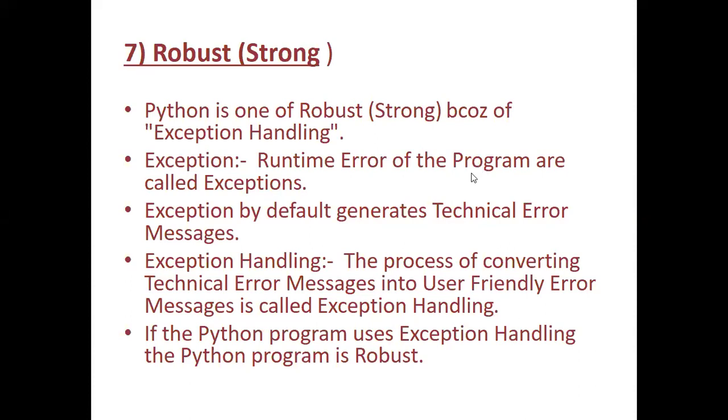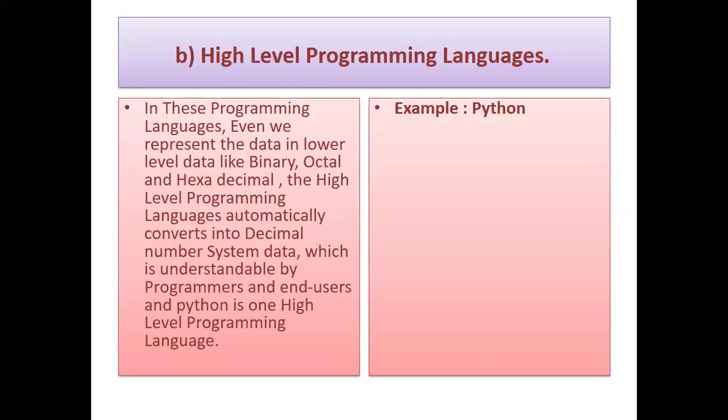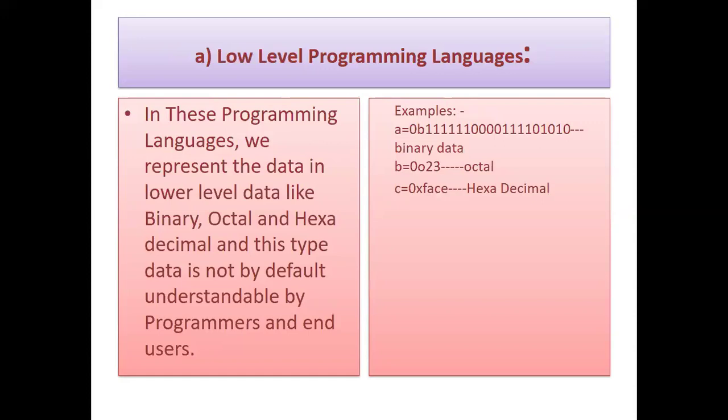I've got a question on the low level and high level programming language. So the low level programming, is it the binary? Is it a system language? It is binary, yes, the system language.